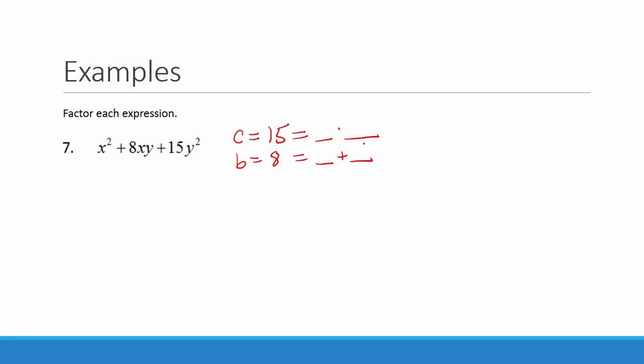So let's list our factor pairs of 15. We can multiply to get 15 using 1 times 15 and -1 times -15. 2 does not divide 15, but 3 does. 3 and 5 and -3 times -5.